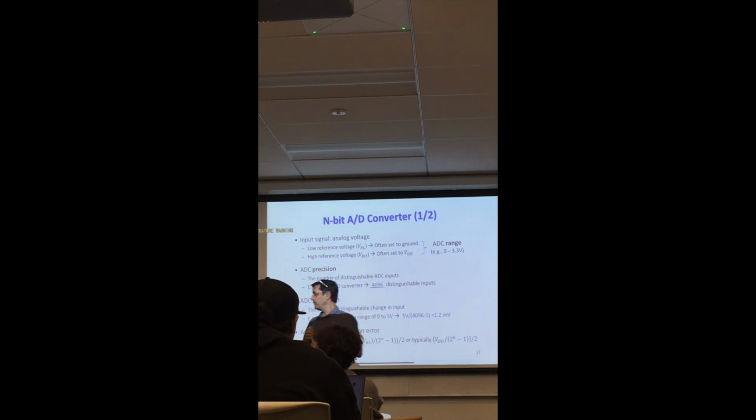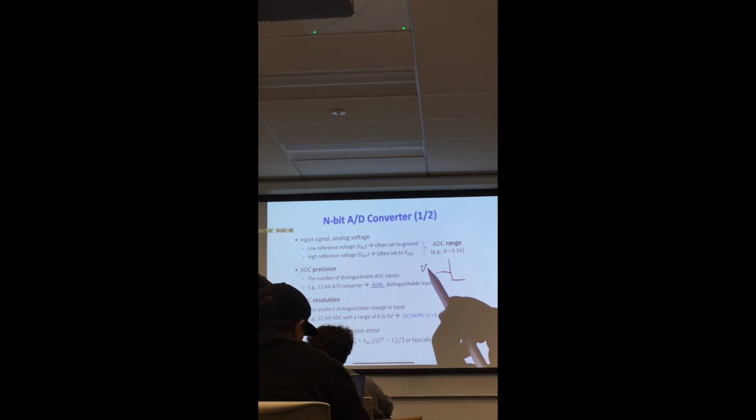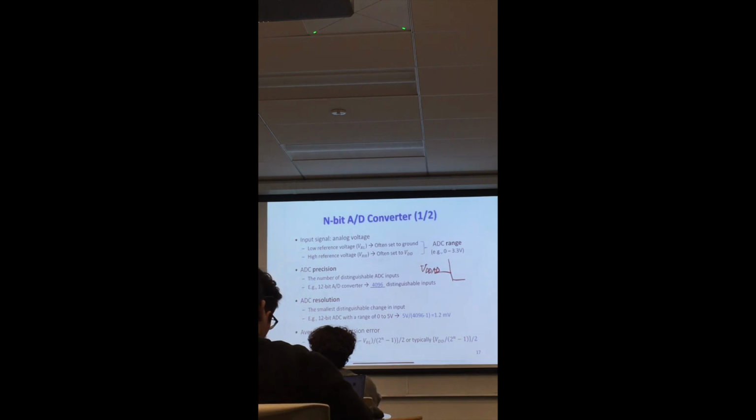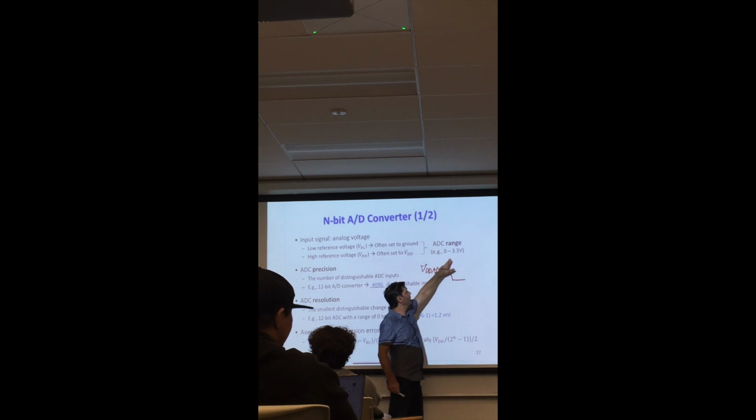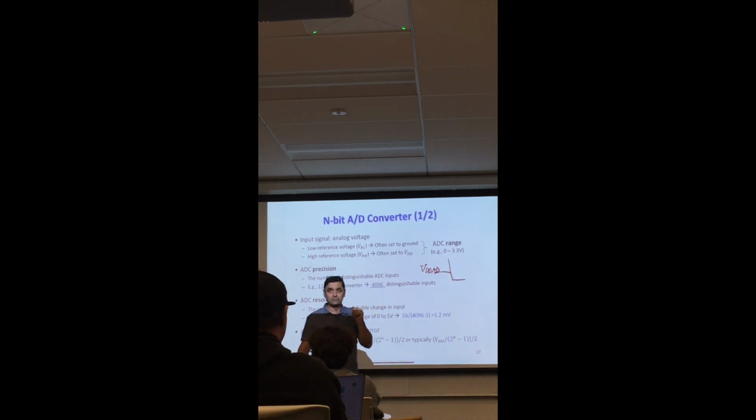Okay, so there will be a pin which will be called something like VDDA or something, so it is related. This will establish the upper level of the voltage that you will be converting.